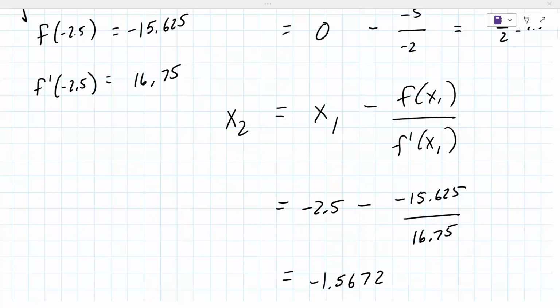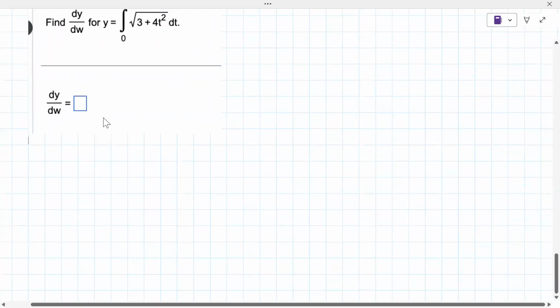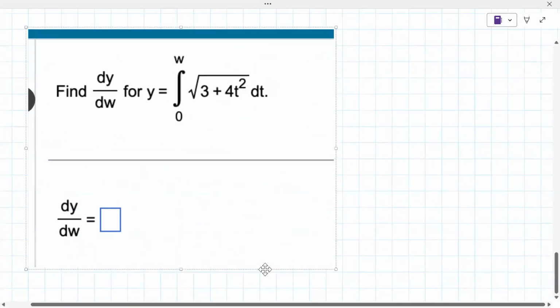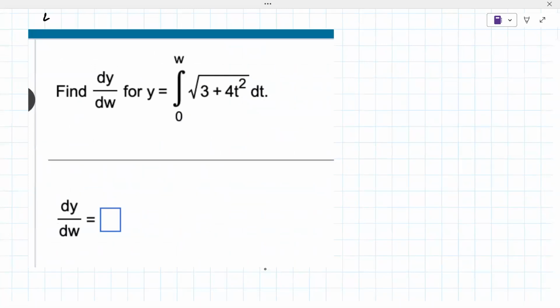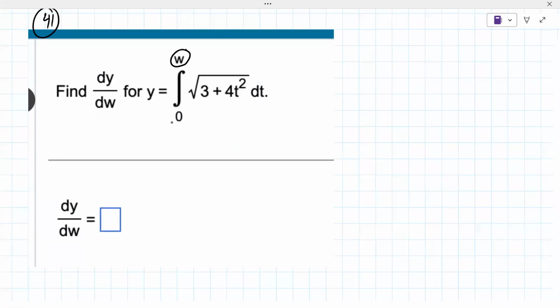So next one here is 41. I don't remember us doing anything like this in our sessions. Doesn't mean you haven't seen it. So it's odd. It's like, wait, derivative of y, but y is an integral. So there's a recipe here. You take this top bound and you put it in wherever you have a variable.